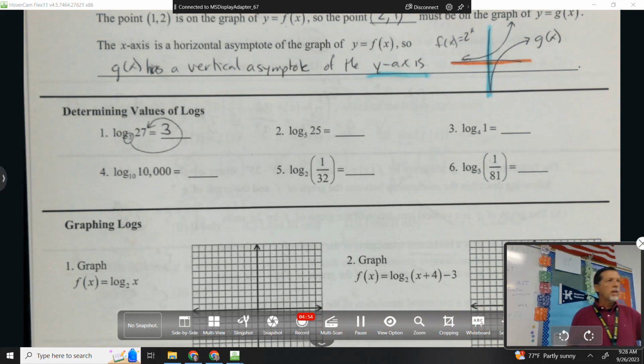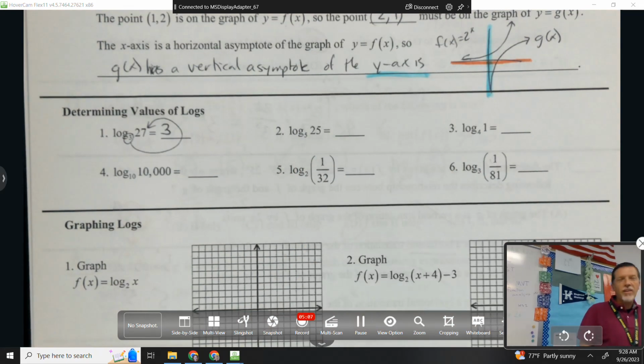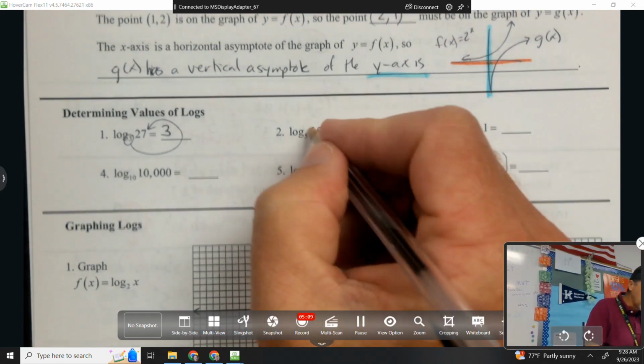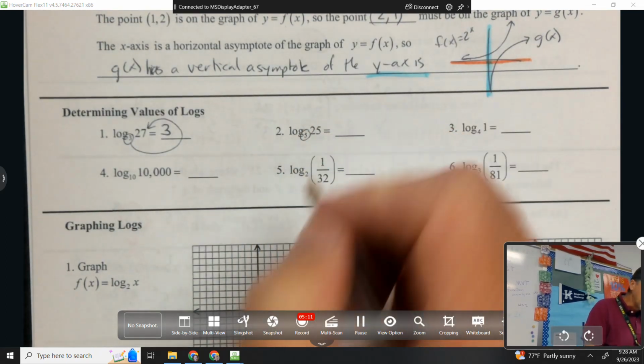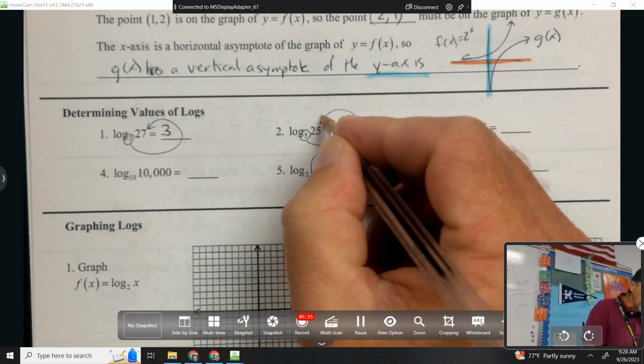Okay, we don't really even think about logs, we think about exponents. We mentally change it into an exponent and then come up with the answer. So log base 5 of 25, again, we're not really thinking logs. You're mentally envisioning the fish hook, maybe even physically drawing the fish hook.